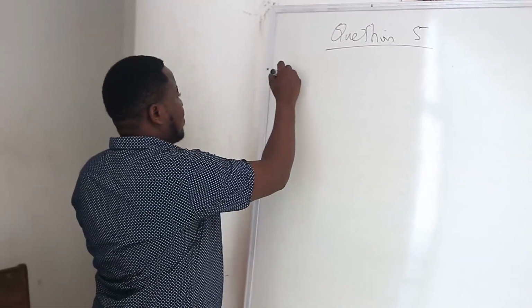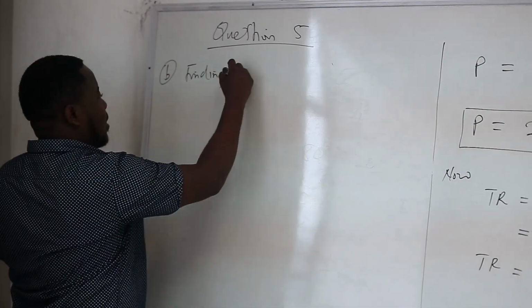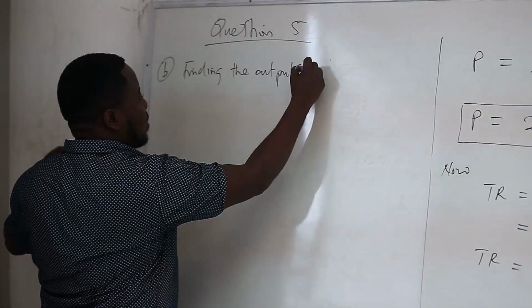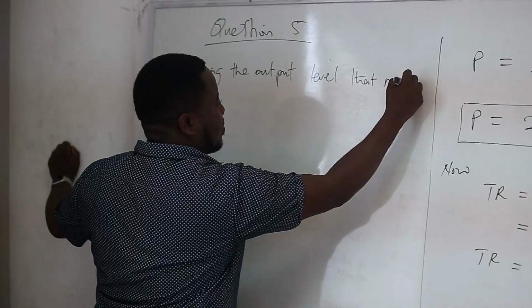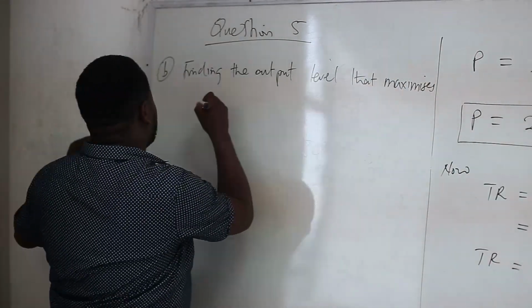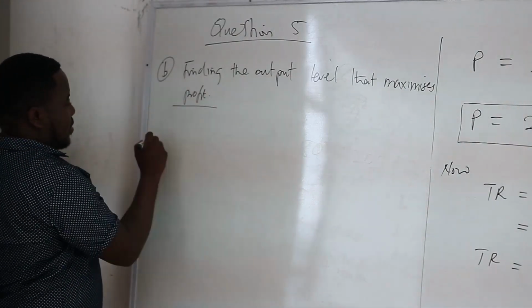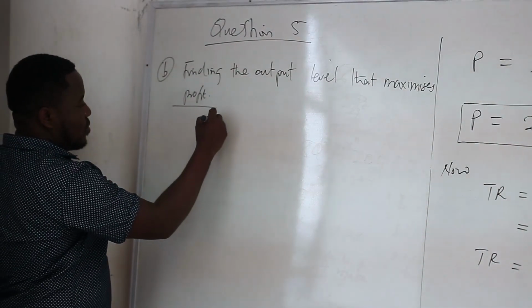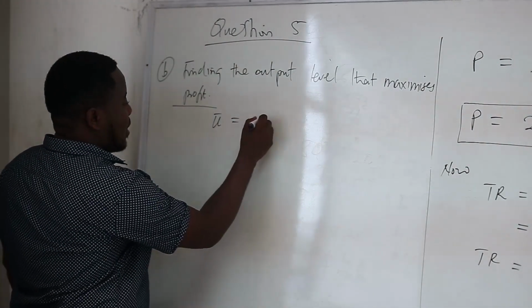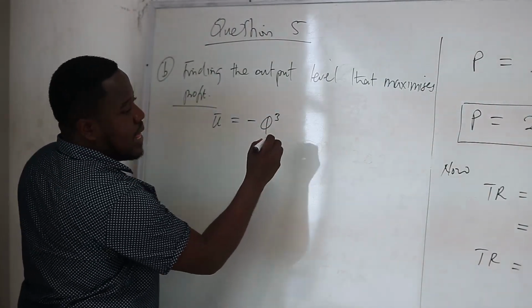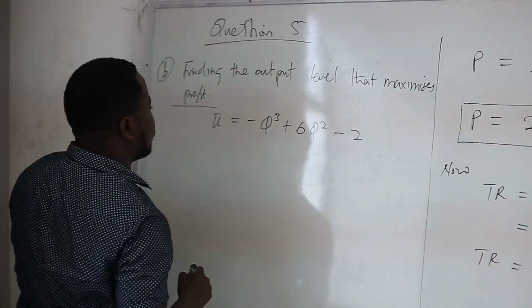So B, finding the output level that maximizes profits. Okay, so we know our profit function is minus Q³ plus 6Q squared minus 2.